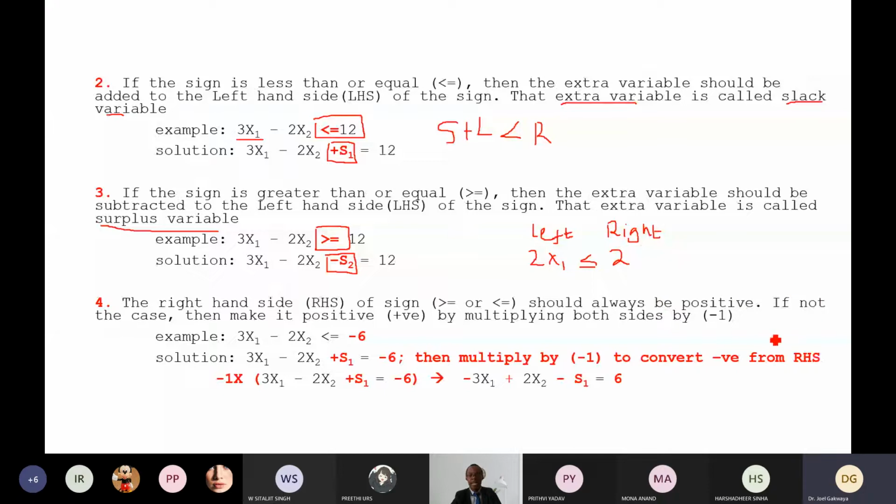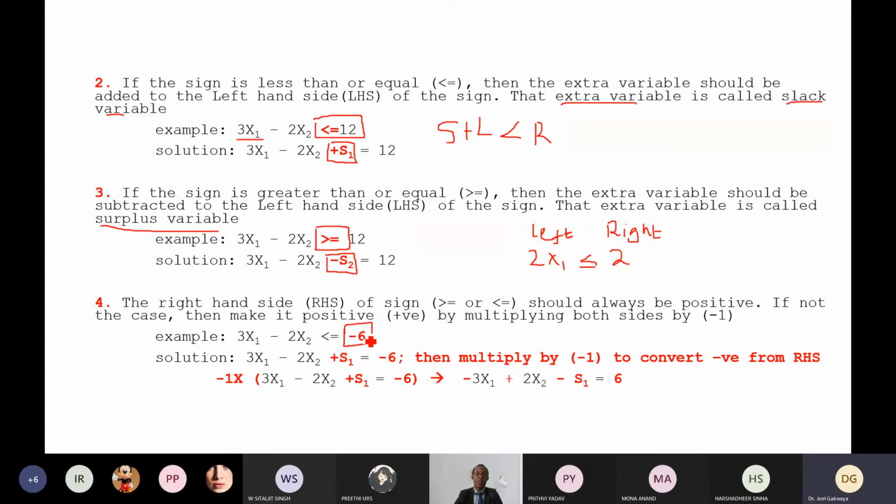By multiplying by minus 1 on both sides, left and right. You get it? Look at this example, you will understand. 3x1 minus 2x2 lesser than or equal to minus 6. You see here, minus 6 is on the right-hand side of the sign, and on top of that, it is negative.